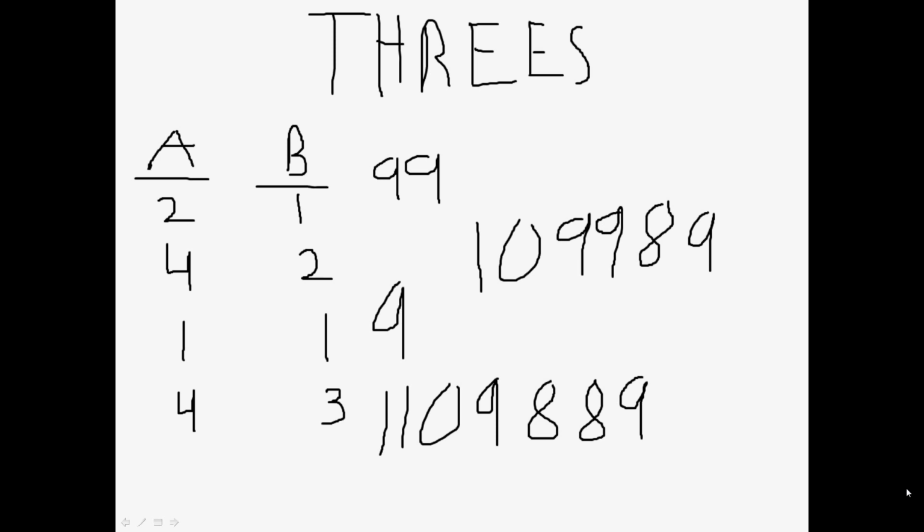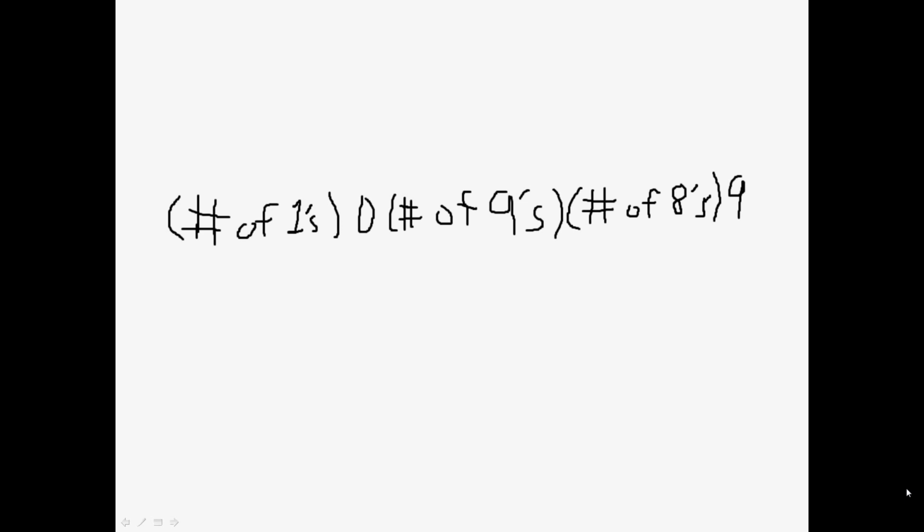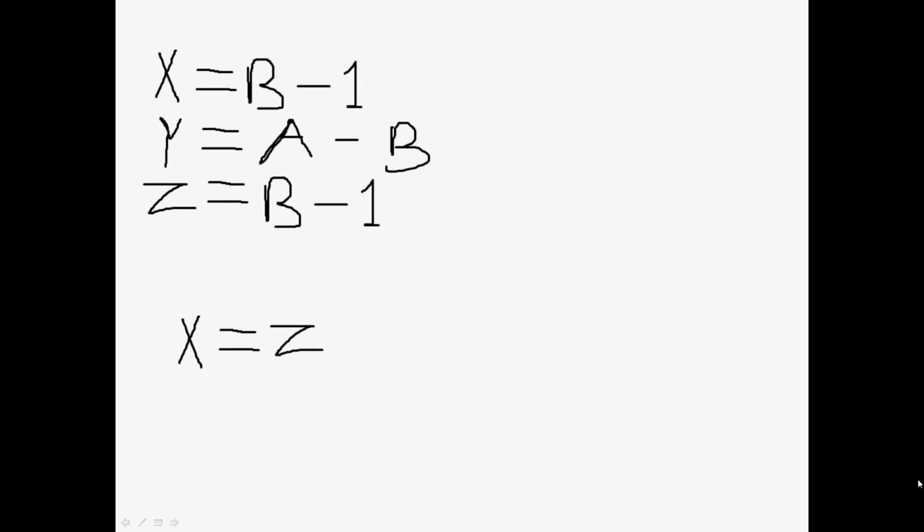So obviously the 0 is our new 3 or new 8. So it's the number of 1's, and then 0, the number of 9's, and then the number of 8's that you have. And once again, we're going to call those X, Y, and Z. And would you believe it, they are once again the same exact things.